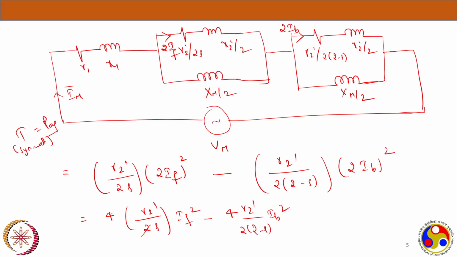So cancel the 2s, and it will be 2 R2 dash by S IF square minus 2 R2 dash by 2 minus S IB square.